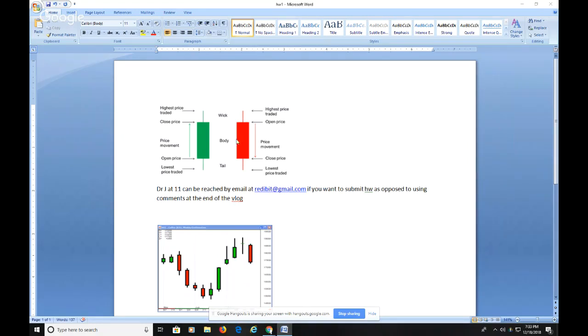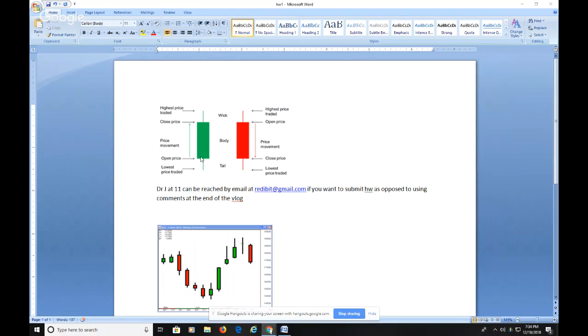And to review, the four parts of the candlestick: the very highest tip of the upper wick is the high of the day. This would be the open. Now this would be the close. This would be the open because it's green. The stock price went up from a lower point to a higher point. And the part that's colored in green is everything between the open and the close.